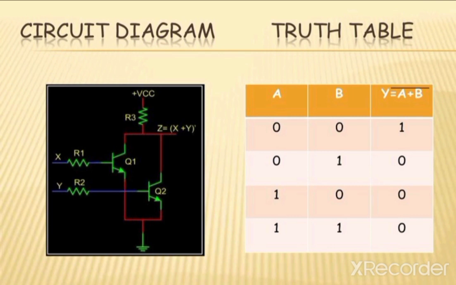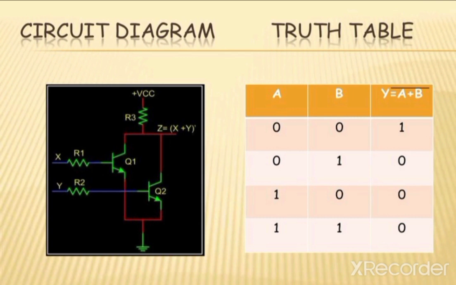NOR gate means if any input is high, it will produce a low output. So if you want a high output, you have to give both inputs low, right? That's why two transistor logic is used here. If any one input is low, you can see that both the emitters of the transistor are connected to ground.